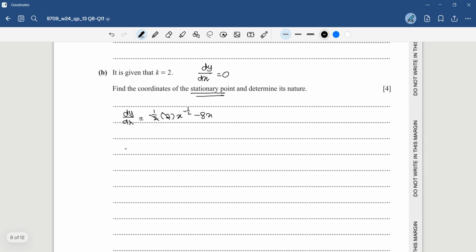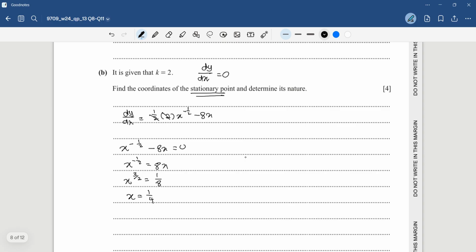So x to the negative half minus 8x equal to 0. So x to the negative half equal to 8x. When you rearrange, x to the power of 3 over 2 equal to 1 over 8. Therefore, x equal to 1 over 4.